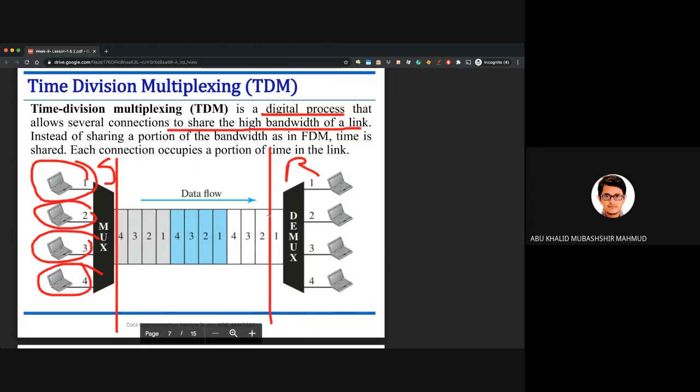The first slot of time is allocated to the first input channel, and the second slot is allocated to the second input channel, and so on, and this sequence repeats itself until all the data have been passed from the sender to the receiver.